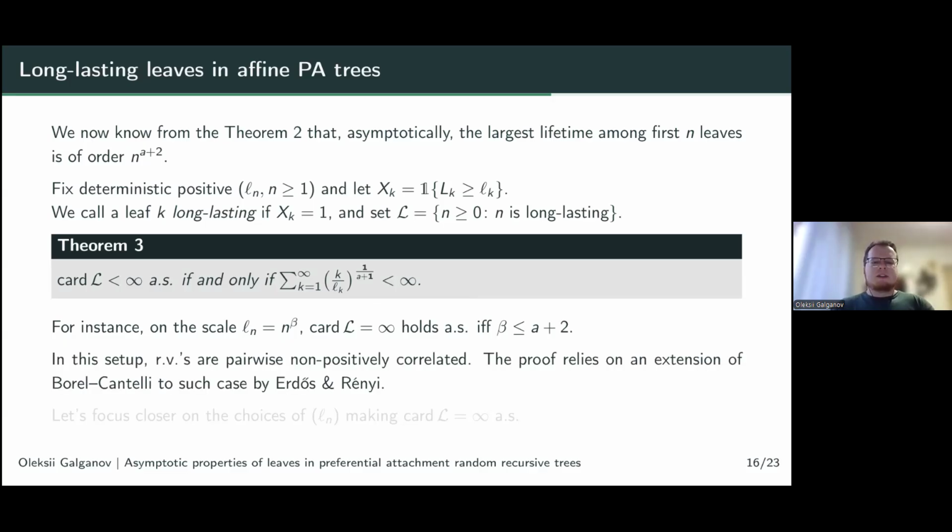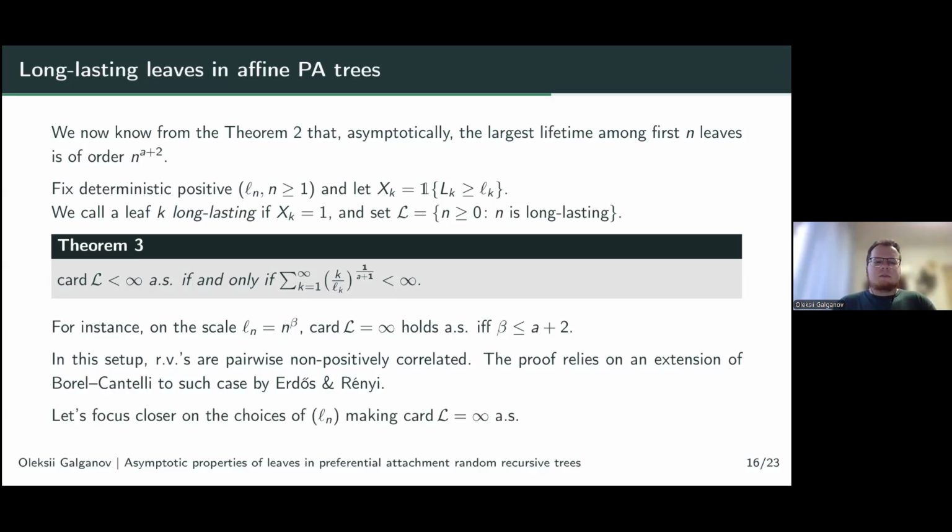In this setup, those random variables xk are pairwise non-positively correlated, and hence the proof of theorem 3 relies on an extension of the classic Borel-Cantelli lemma to the case of pairwise non-positively correlated random variables, which was presented by Erdos and Renyi.